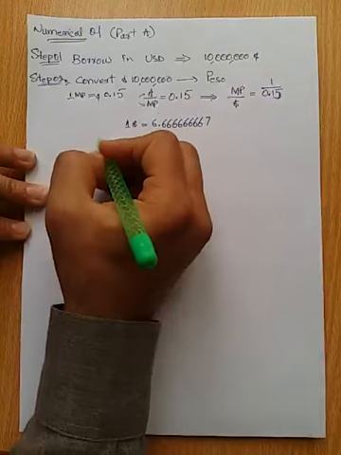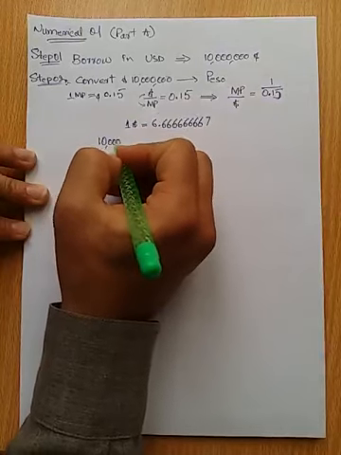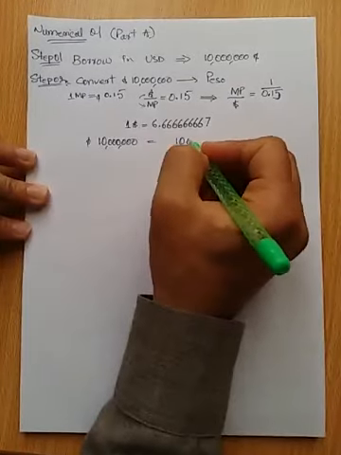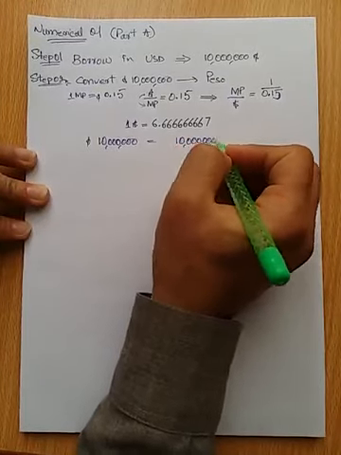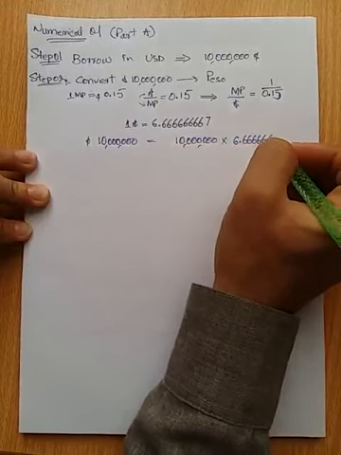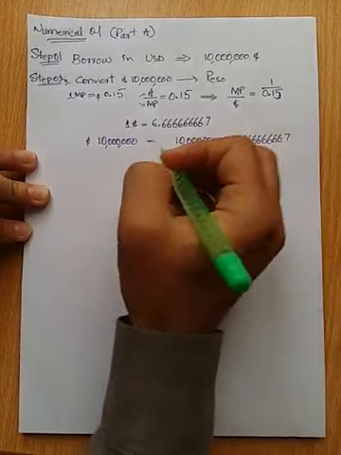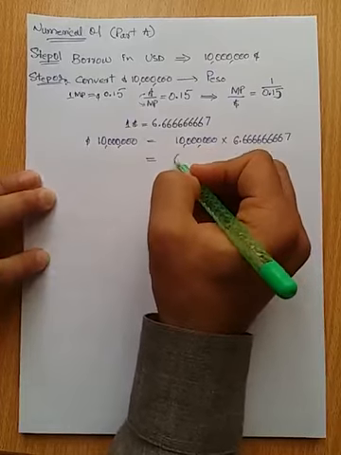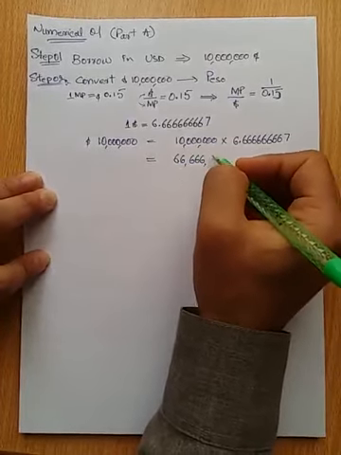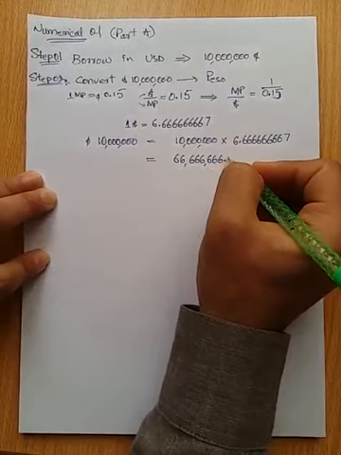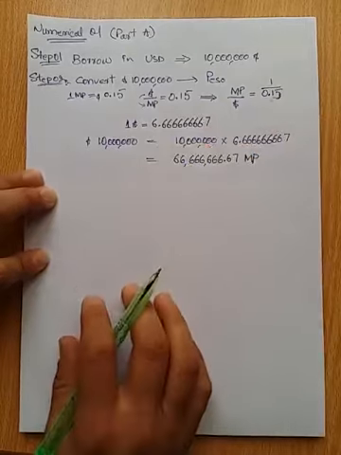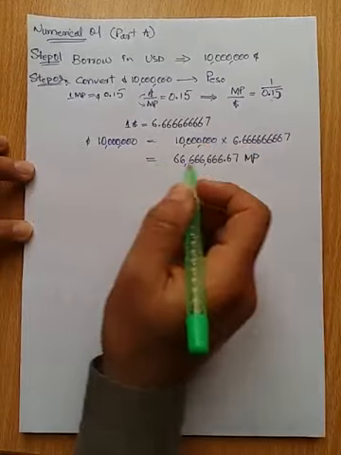So our $10 million will be equal to the quantity, which is 10 million, multiplied by the exchange rate copied from the top. When you multiply that, you will get 66,666,666.67 Mexican peso.